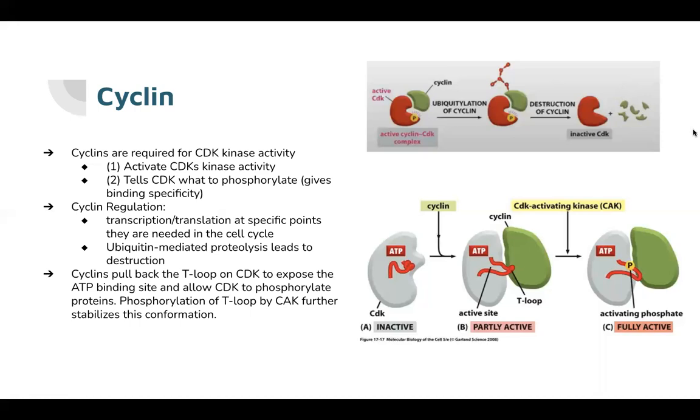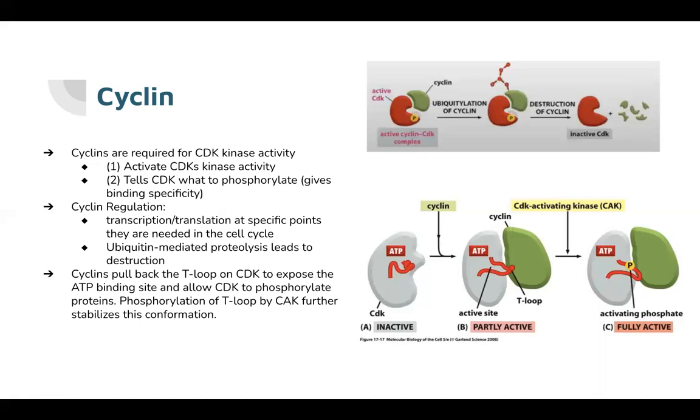Now, going into how we actually activate this CDK cyclin complex. We have inactive CDK, as you can see here. Cyclin is going to bind to it and pull back this T loop in CDK. When it pulls back the T loop, it reveals an ATP binding site. So now ATP can come in and the cyclin CDK complex can take that third phosphate group and target, like we said earlier, serine and threonine R groups on target proteins.